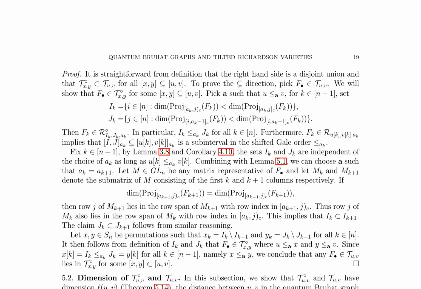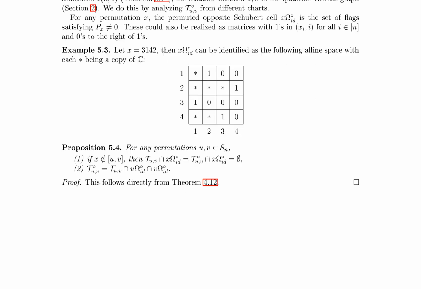The research paper discusses quantum Bruhat graphs and tilted Richardson varieties, focusing on the dimension of the open tilted Richardson variety for u, v, which is shown to be l(u, v), the distance between u and v in the quantum Bruhat graph. It analyzes the variety from different charts, including permutations and their opposite Schubert cells.